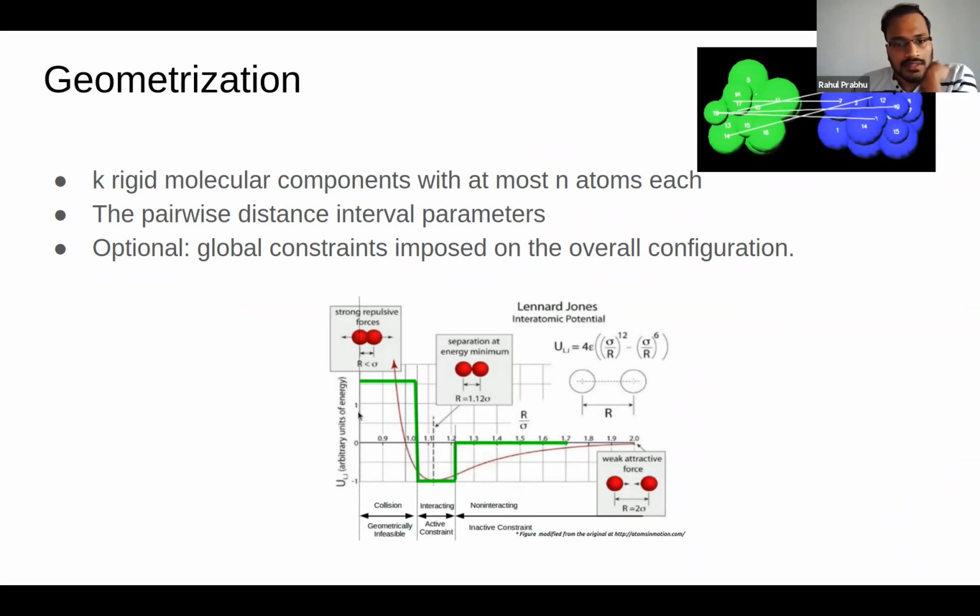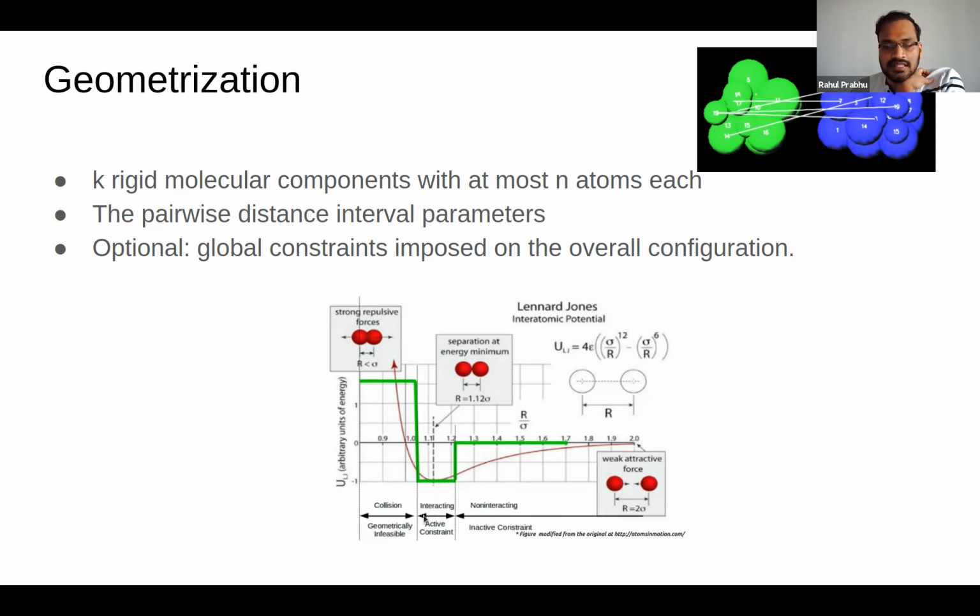So what we do here is we geometrize this Lennard-Jones well into 3 discrete intervals. If the pairwise distance between 2 atoms is less than a certain value, we say that it's geometrically infeasible and they're colliding. If the distance is too far apart, then we say that it's a non-interacting, inactive constraint.